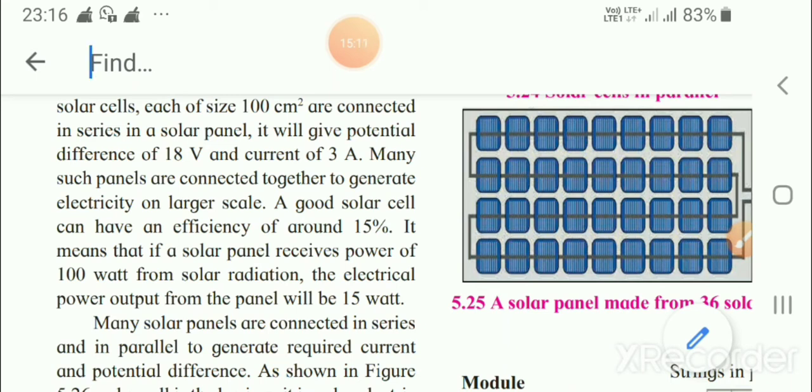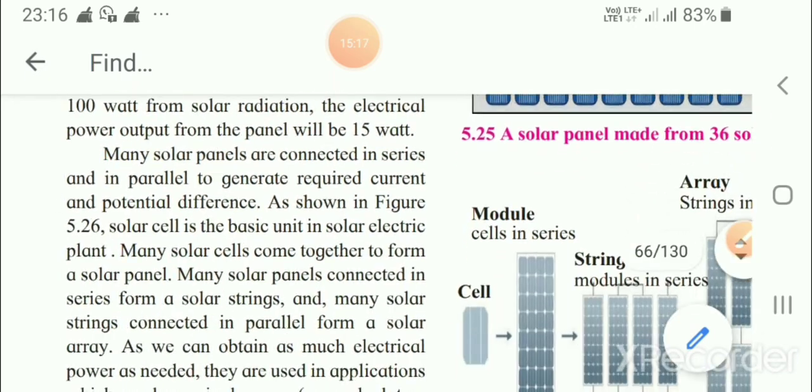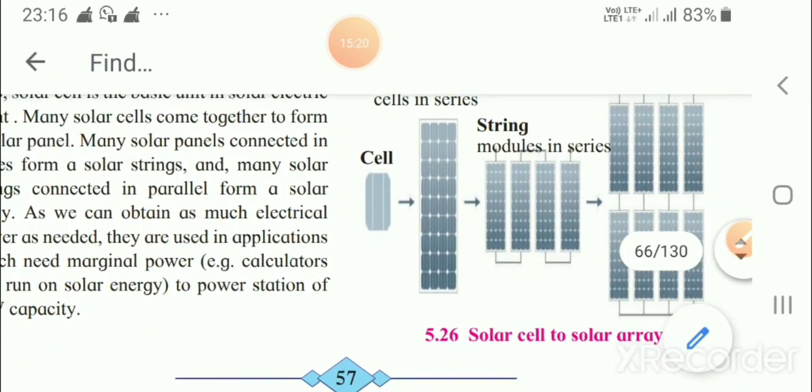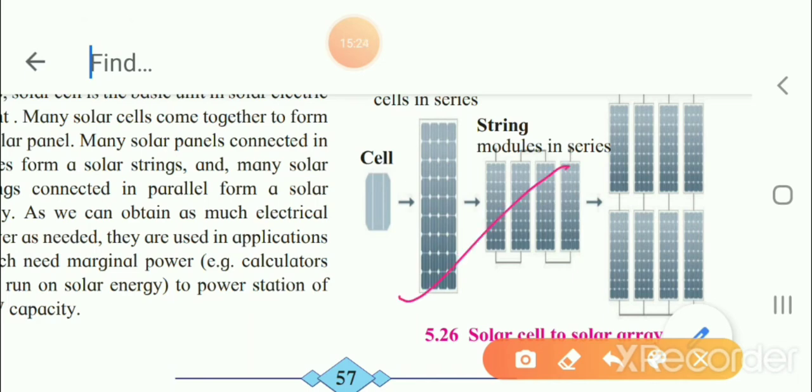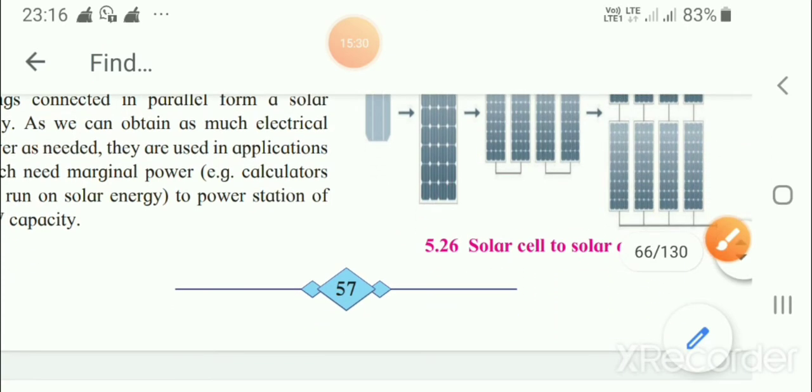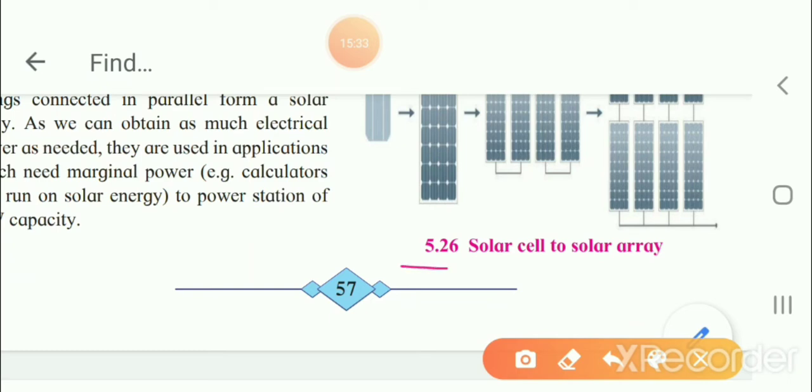Now, here one more figure is there, children, that I'll show you. See this figure. Solar cells to solar array. That means so many solar cells are connected in series and parallel.